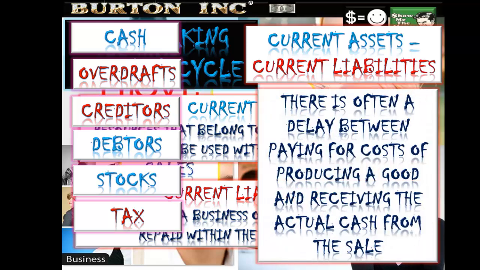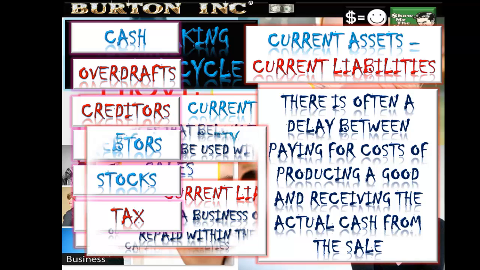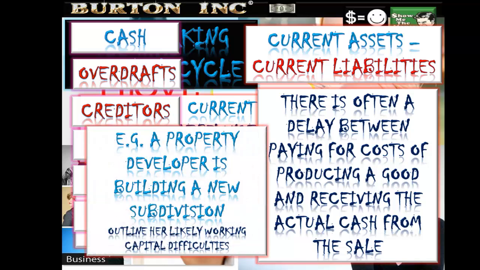Now, there's often a delay between paying for the cost of producing a good and receiving the actual cash from the sale. And in some instances, this can be quite extreme. For example, a property developer who's building a new subdivision is going to have to front up with quite a bit of initial cash and quite a lot of cash outgoings for a substantial period of time.